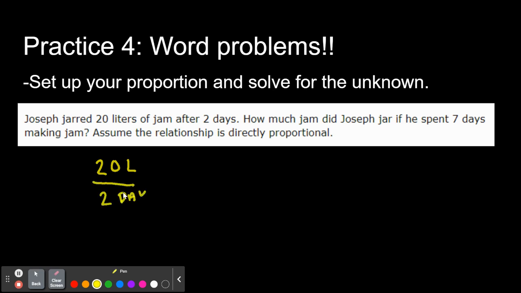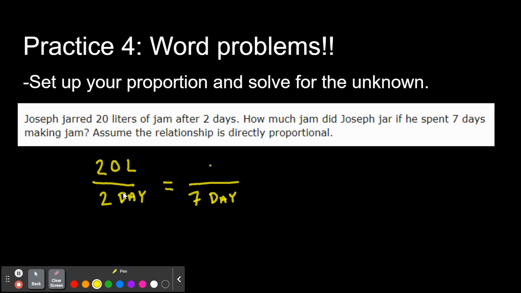So I set up that initial ratio. Okay, that ratio is going to help me find the missing information. How much jam could Joseph jar if Joseph could jar jam? Well, he spent 7 days doing it. So let's see how much he could jar in 7 days.